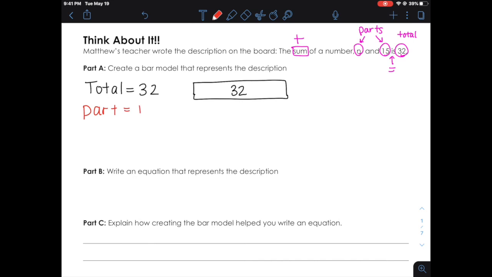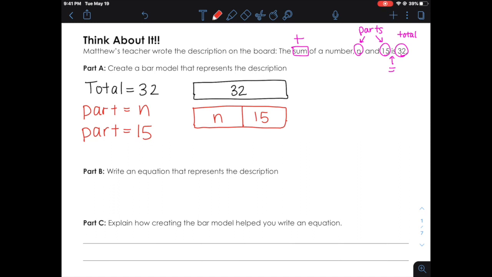One part is going to be n, and then the other part is going to be 15. So I draw my second model, break it up into two parts, label one n and the other 15. So there's our model. We've finished with part A.